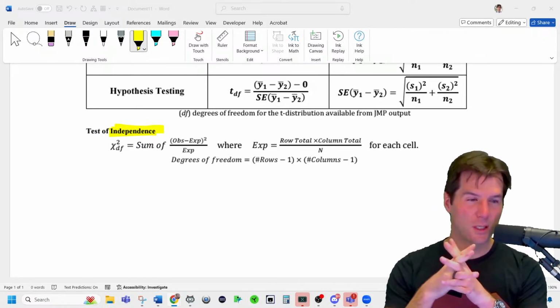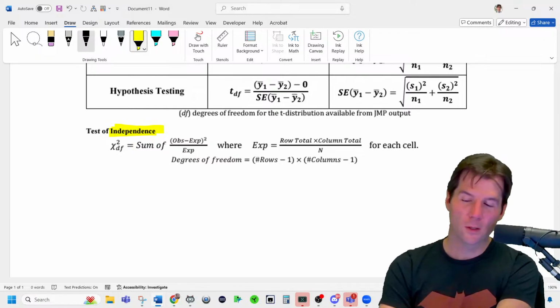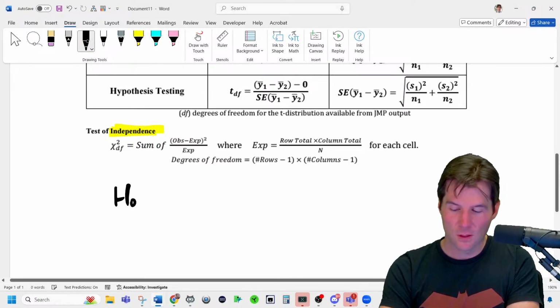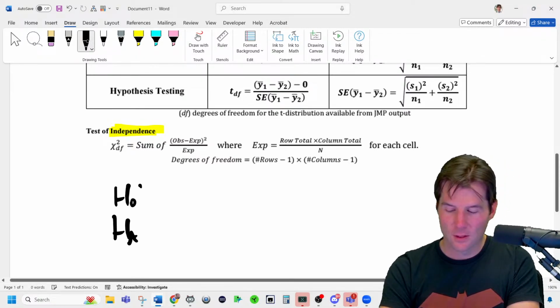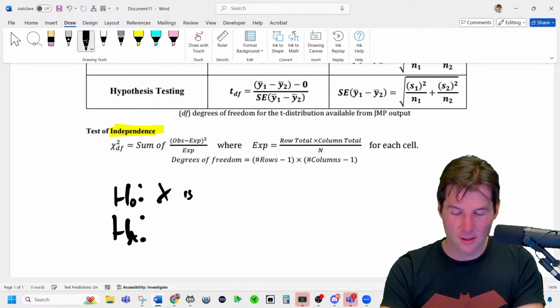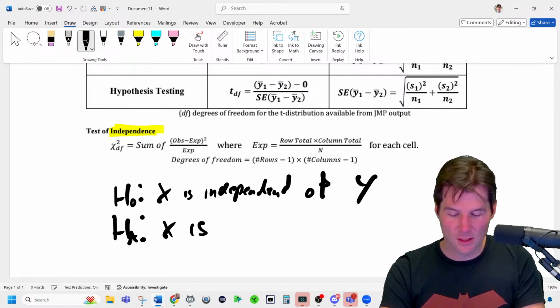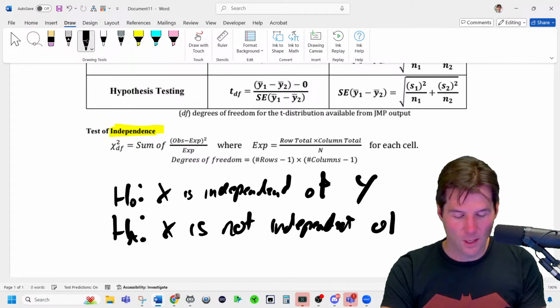So with the chi-squared test of independence, here's something you should know. When you write out your null and alternative hypothesis, you'll see this if you do a lot of the assignments, the null is x is independent of y. And the alternative is x is not independent of y.